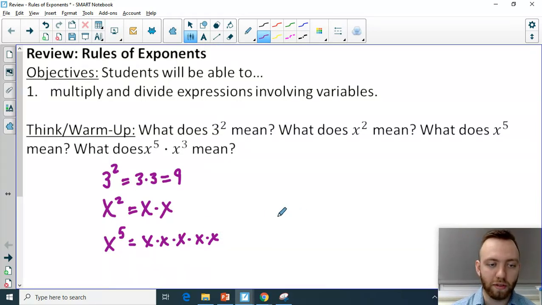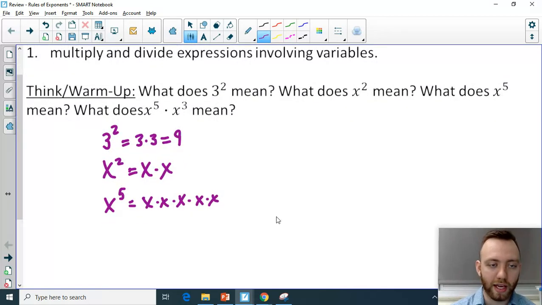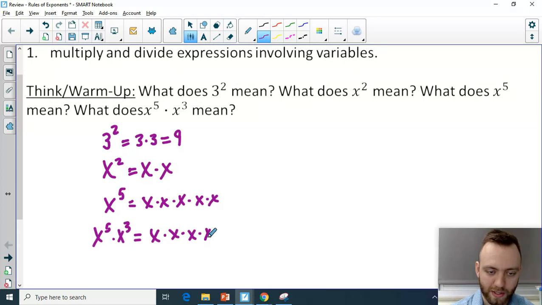And now what does x to the 5th times x cubed mean? So we're getting a little crazy here. So x to the 5th times x cubed, that's my definition of crazy, so you know how exciting my life is. X times x times x times x times x, this is x to the 5th, right?